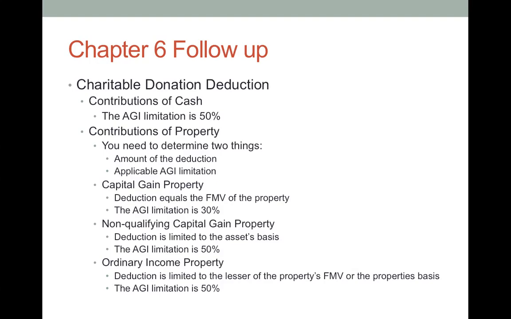If you add up all of these 50% donations and the total is more than 50% of the taxpayer's AGI, then the maximum amount that the taxpayer can deduct is 50% of AGI. Okay, so that's what that means. The AGI limitation is putting a ceiling on how much a taxpayer can deduct in a given year.